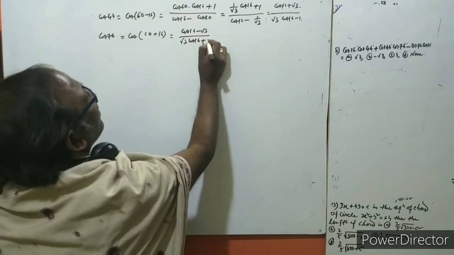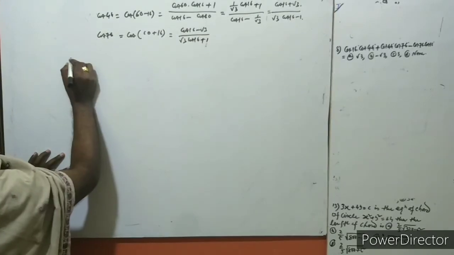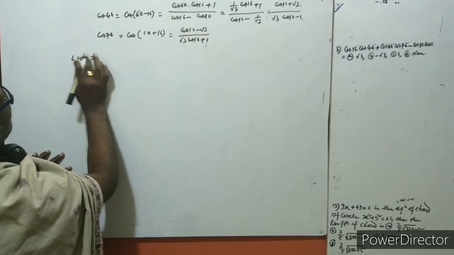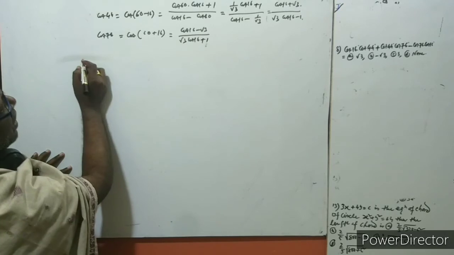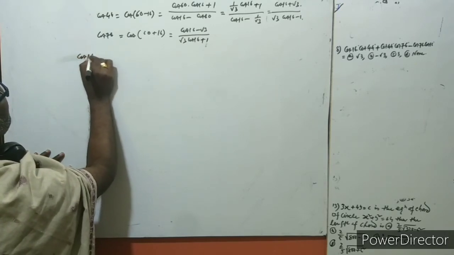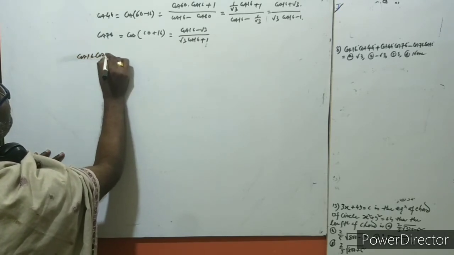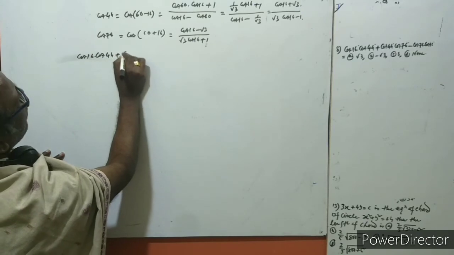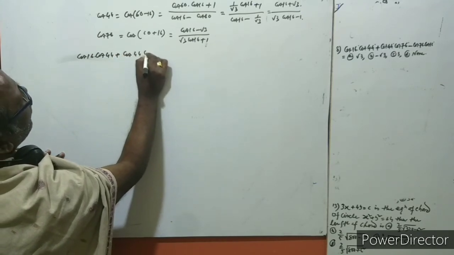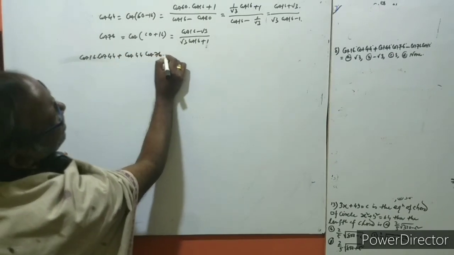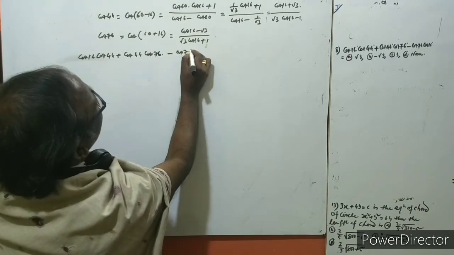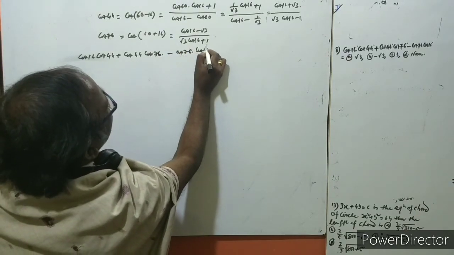Now the left hand side here. The expression here is cot 16, cot 44, cot 44, cot 76, cot 76 and cot 16 here.